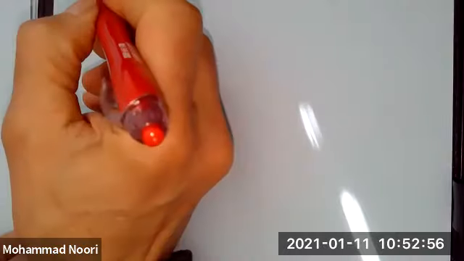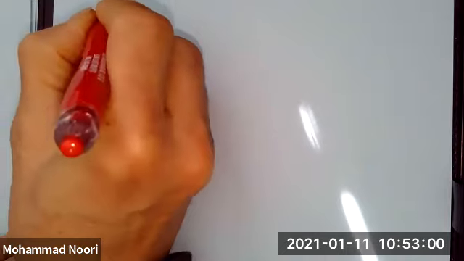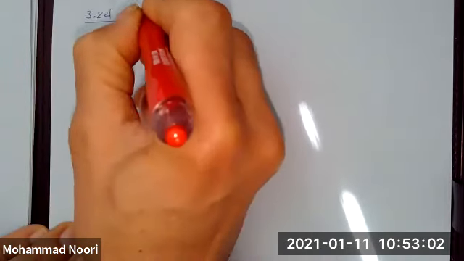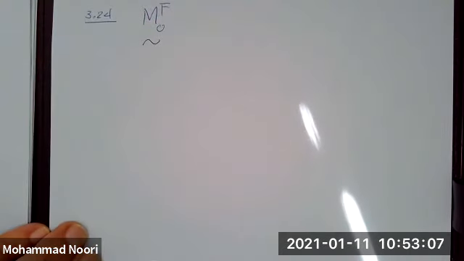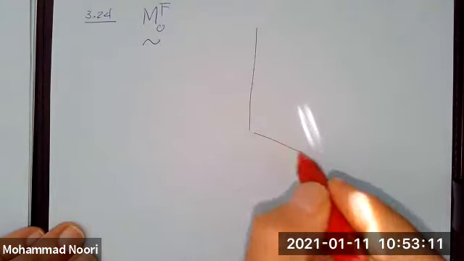So I will start with an example for a moment about a point. Any questions? So let me demonstrate first the concept of the moment about a point by choosing this problem from your book. So this is the problem.